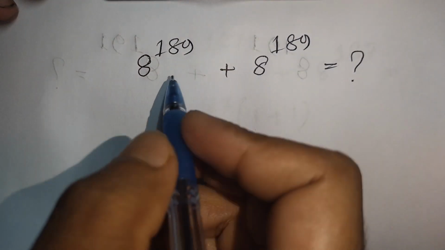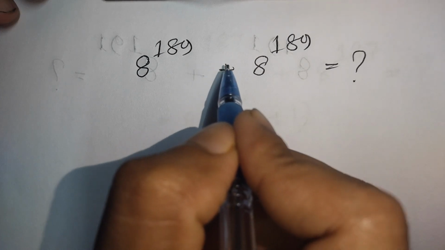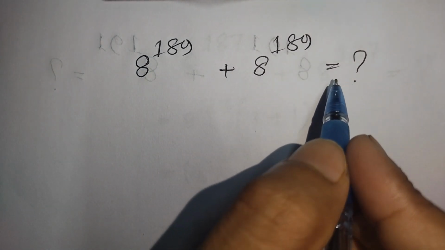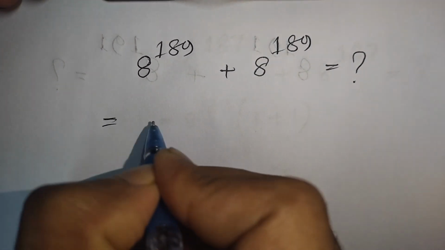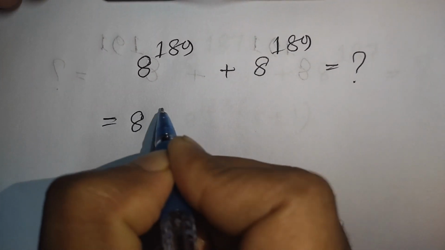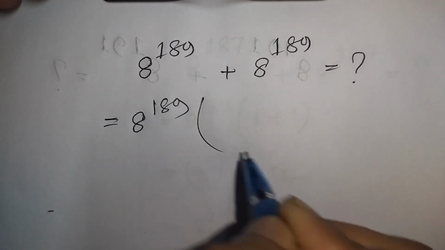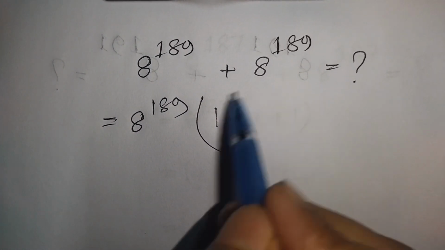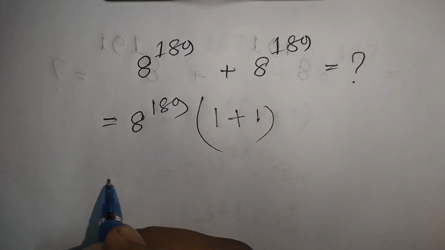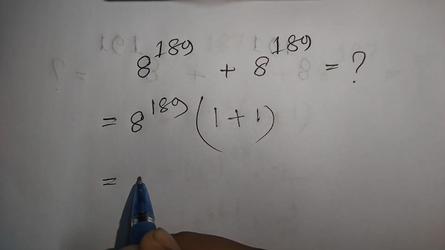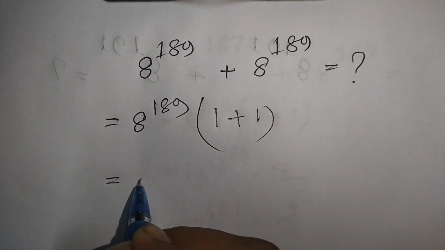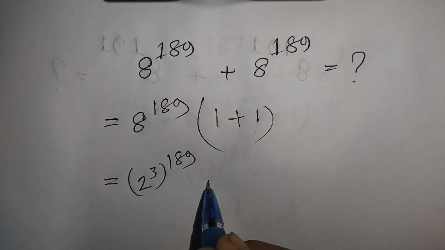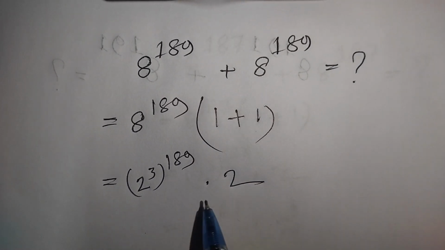So this is how to solve a to the power 189 plus a to the power 189 is equal to what? At first we take common a to the power 189. First bracket start, this divided by this, that means 1, plus this divided by this, that means 1. Then a to the power 189 is same as 2 to the power 3 bracket for 189 times 1 plus 1, that means 2.